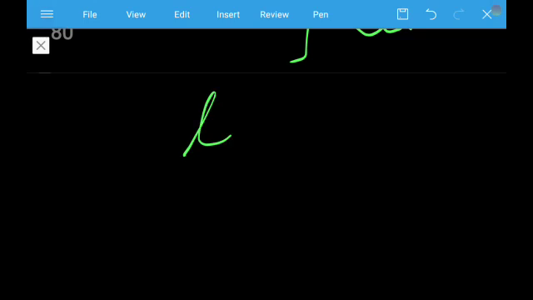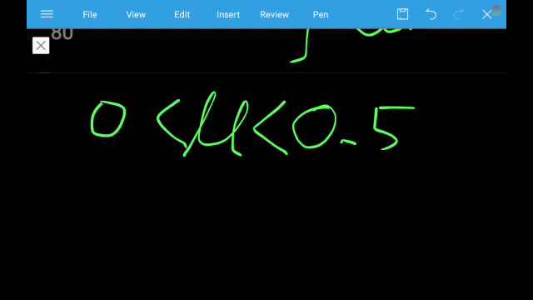Now this mu value is less than 0.5 but is always greater than 0.